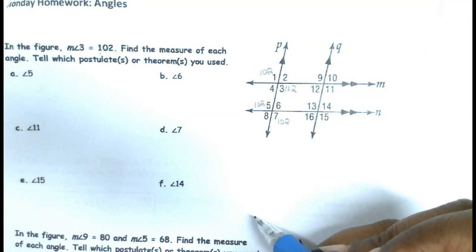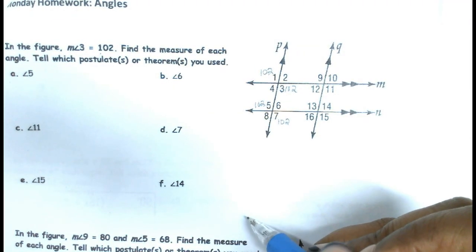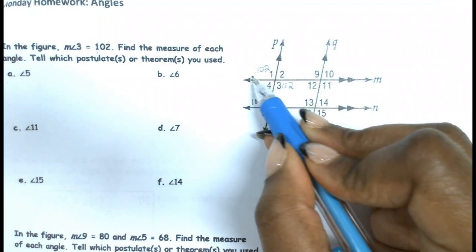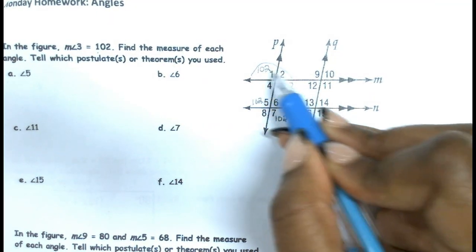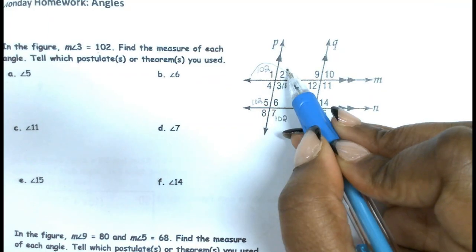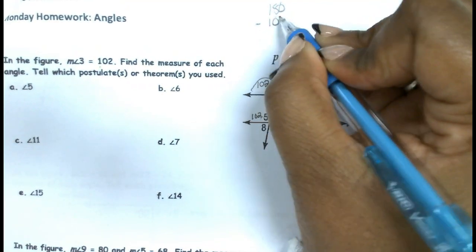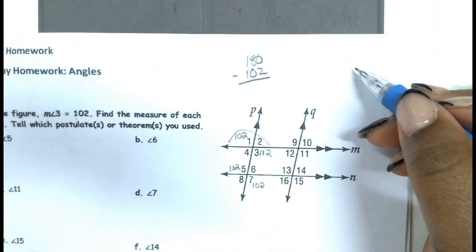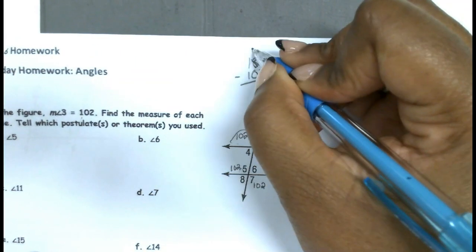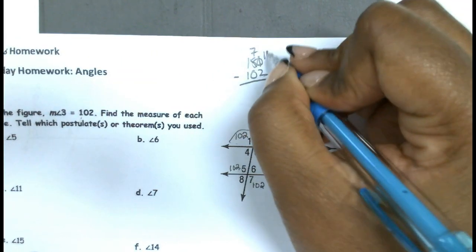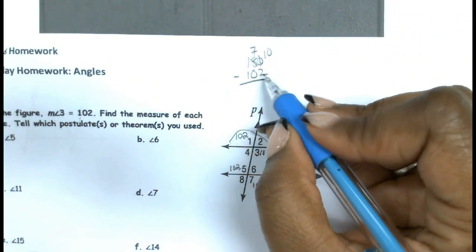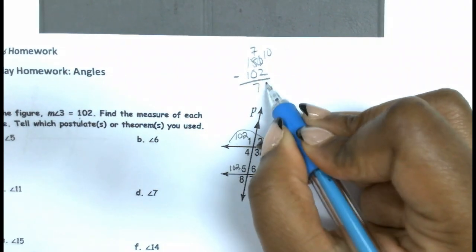Now we can look at these two angles right here, which add up to 180. So to find 2, I can say 180 minus 102. When I subtract, this gives me 78.